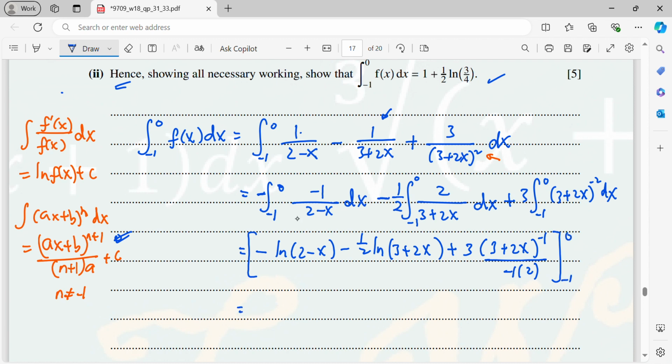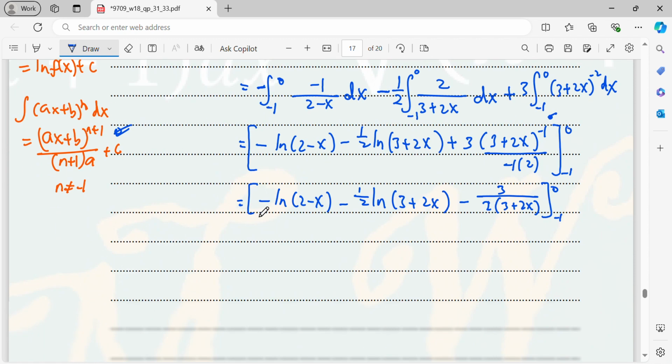Okay, so here is going to be negative ln. I rewrite first because I want to simplify the last term. So 3 divided by negative 2, that is negative 3 over 2. And then the numerator is with degree negative 1. Therefore, I will move it down. So hence you are getting negative 3 over 2 bracket 3 plus 2x, and then with limits minus 1 to 0.